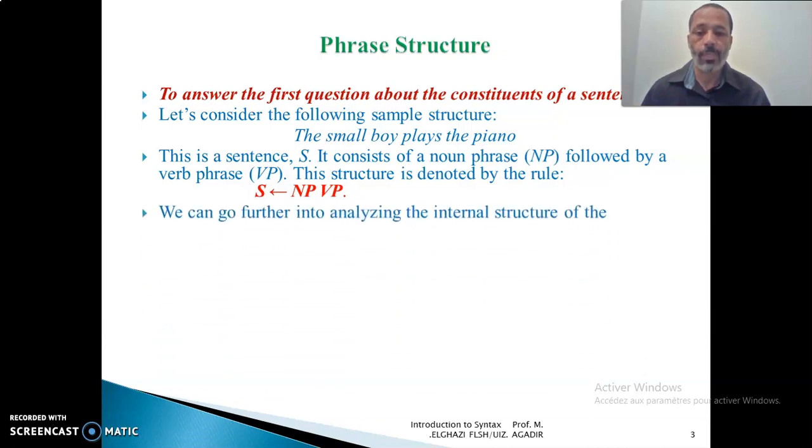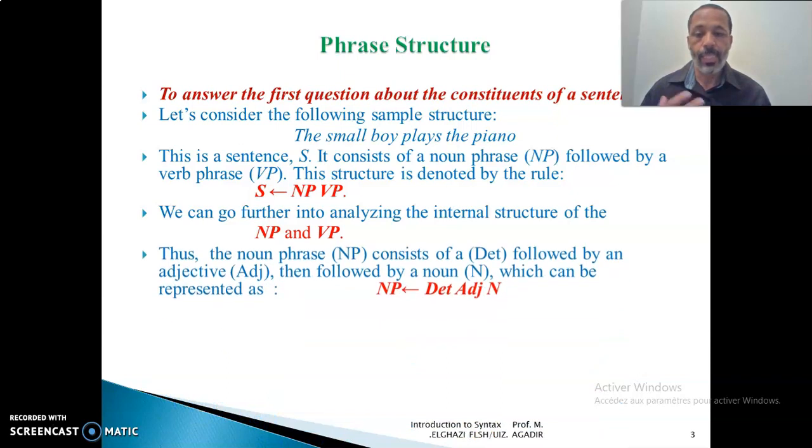We can go further into analyzing the internal structure of the first NP, because here we will see that we have two NPs. The first one is the small boy. This is the first NP, and we will see that this NP consists of a determiner, which is the, an adjective, which is small, and a noun, which is boy.